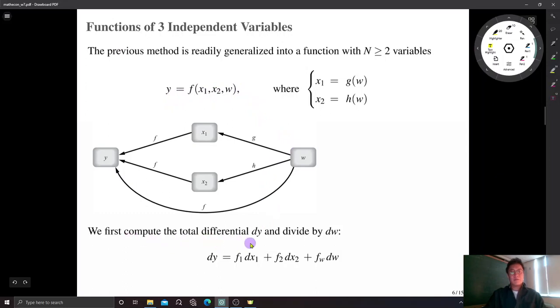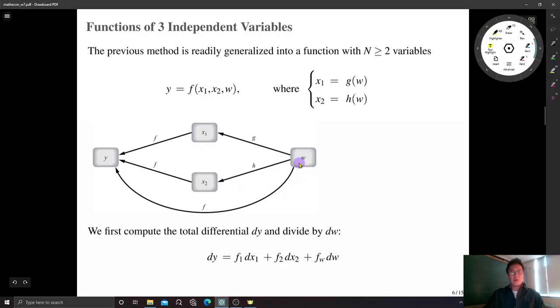We first compute the total differential dy and divide it by dw. Originally the function depends on two variables, x1 and x2, and an additional variable w. The underlying variable is w, so a change in w induces changes in x1 and x2 via functions g and h. And then the changes in x1 and x2 also influence y, through the function f.